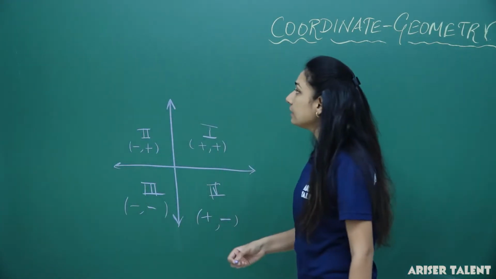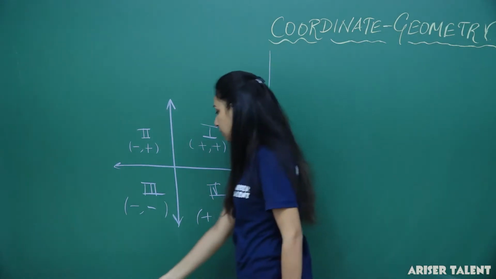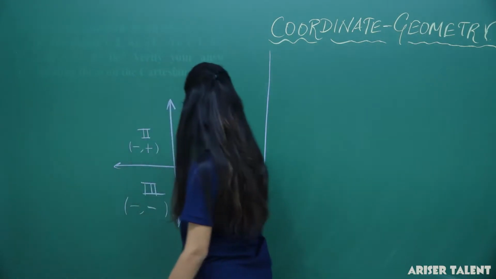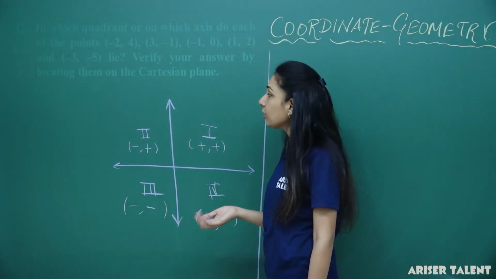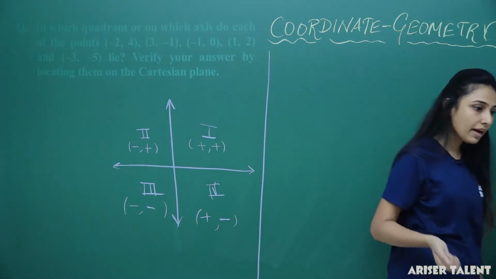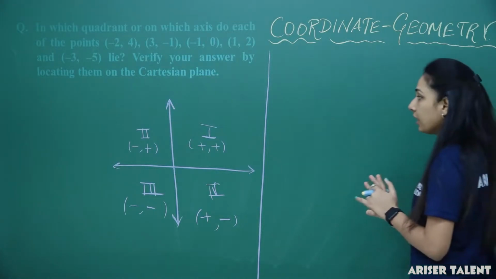So is it easy for us to do this question now? We have been given the abscissa and ordinate, and we can find the answer just by looking at the signs.